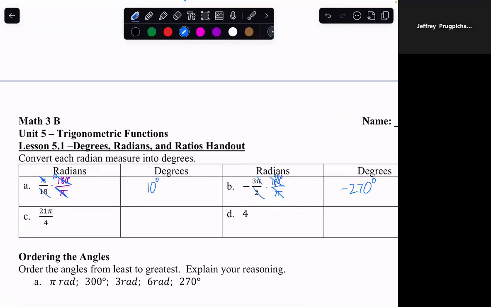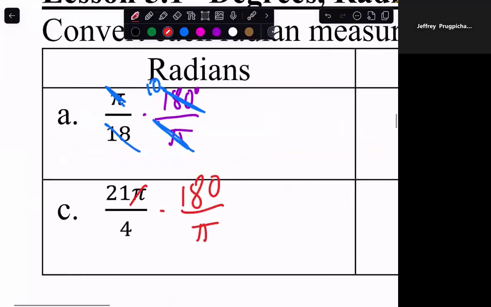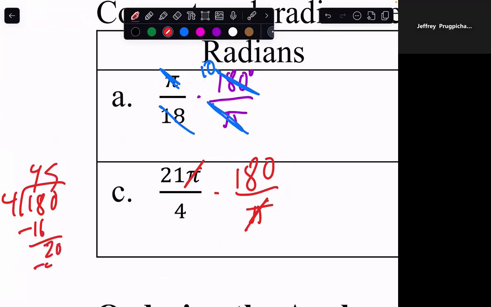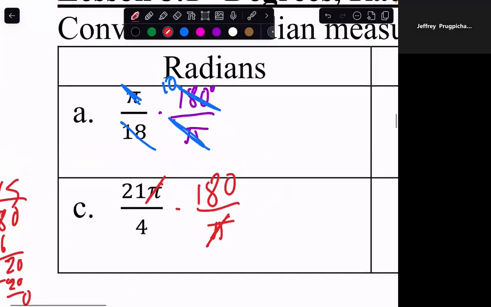Okay, over here, 21 pi over 4. Okay, so the pi's cancel out. Now the 4 and the 180, let's see. Okay, so 4 goes into 180 45 times.